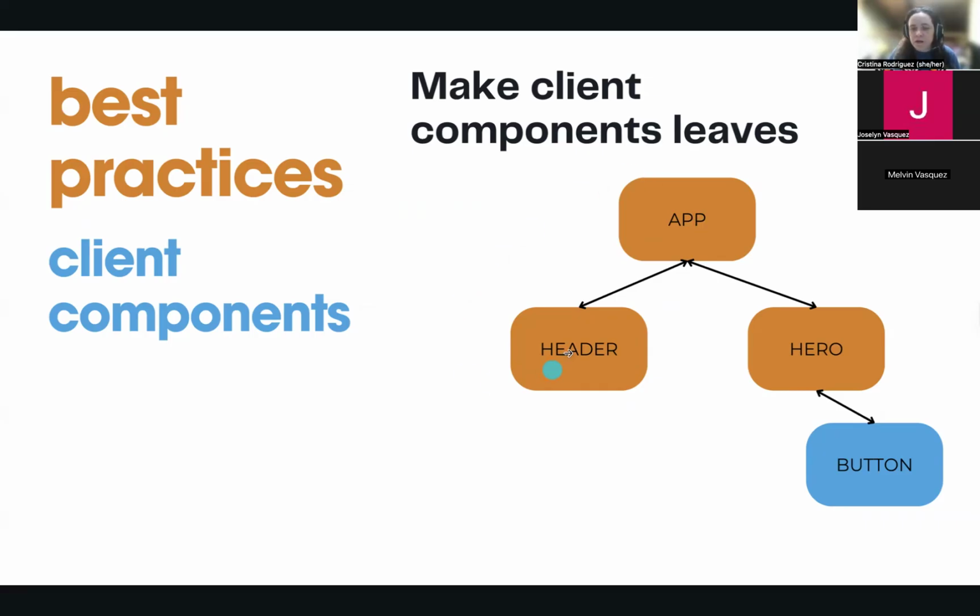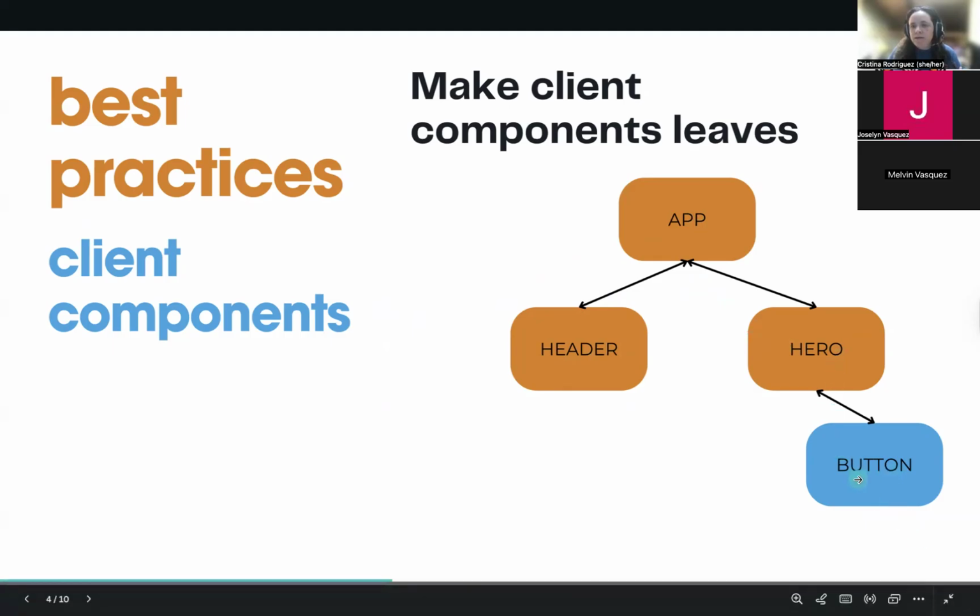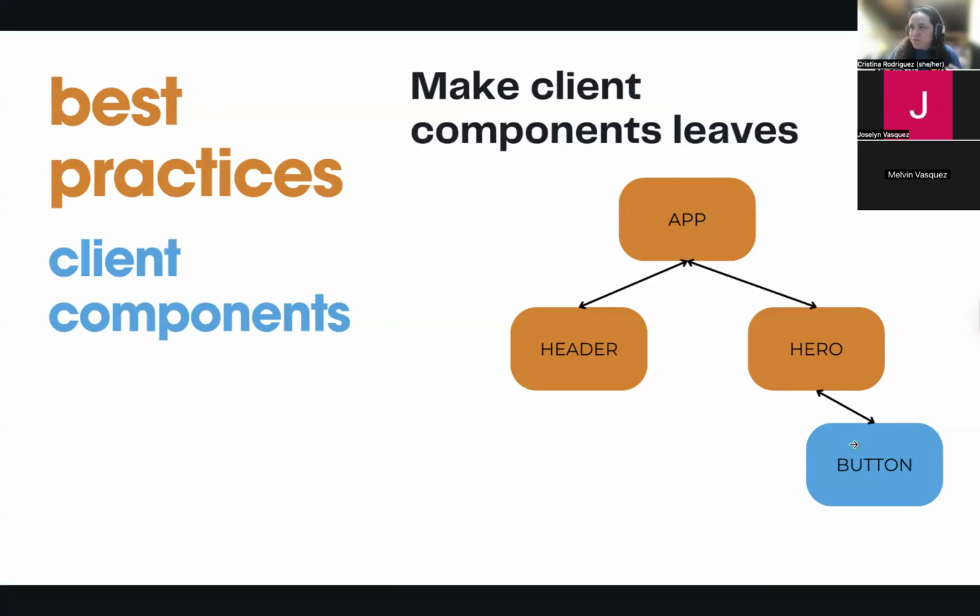And that's the reason we have a header and a hero and probably another one for the navbar and things like that. You want the client components to live only, for example, in forms or buttons or things that the user interacts with, at the bottom of your tree.